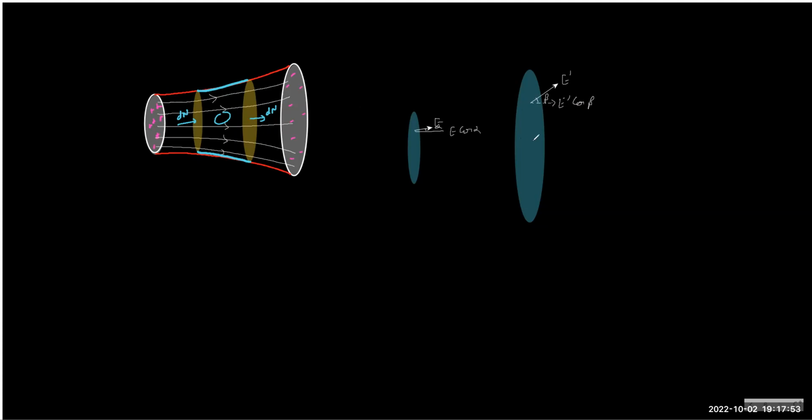So there are two things. First, E dash is lesser in value and beta is bigger, so E dash cos beta is much, much less than E cos alpha.